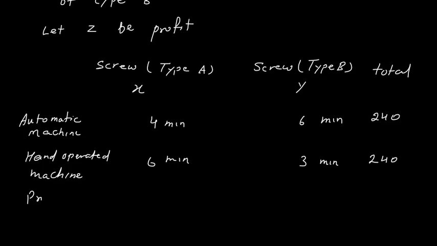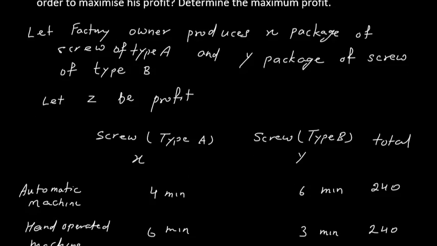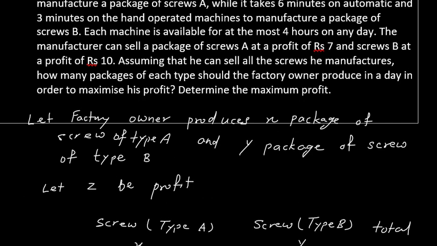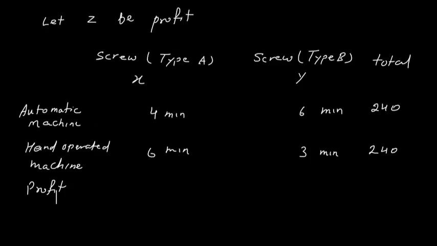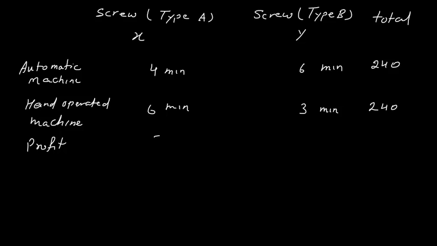And as far as profit is concerned, when I produce type A screw, I will get rupees 7, and for type B I will get rupees 10. So we have to maximize Z equals 7x plus 10y, where 7x is the profit on type A screw and 10y is the profit on type B screw.